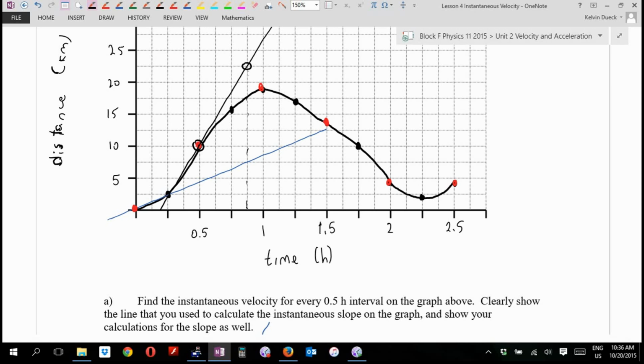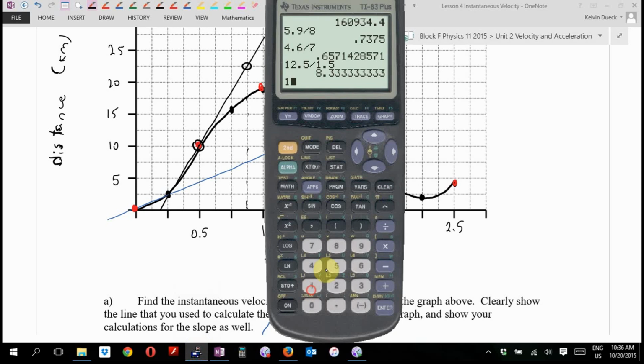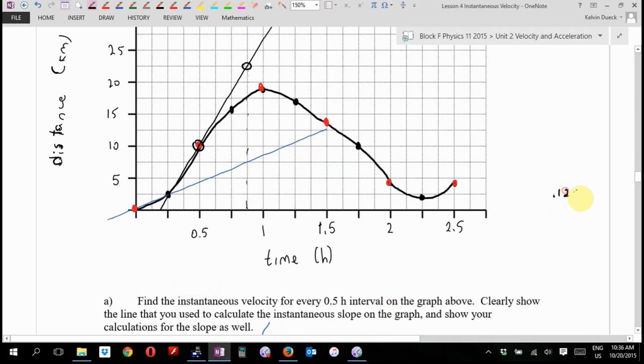What's each square worth? How many squares make up 1 hour? Count. 4 or 8? 8. So each square is worth 1/8, or each square is worth 0.125. I'll just jot that off in the margin somewhere.